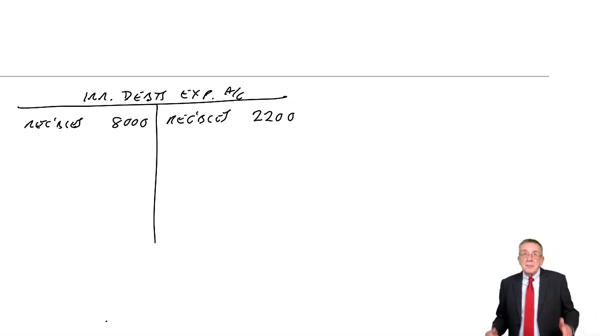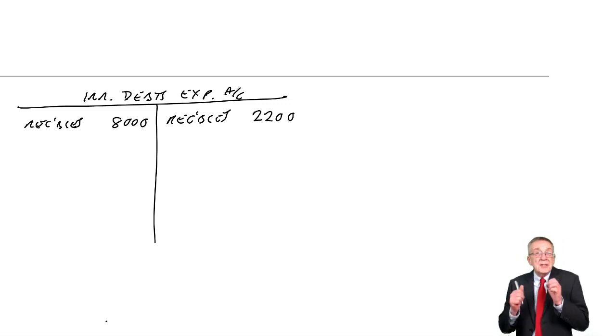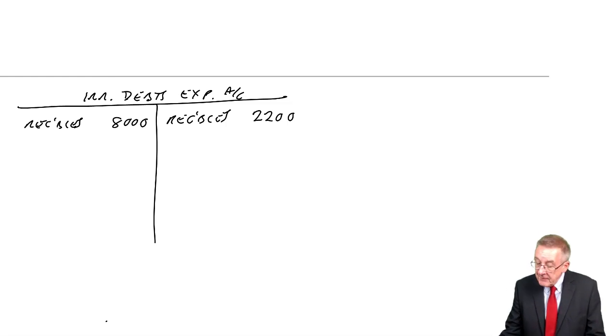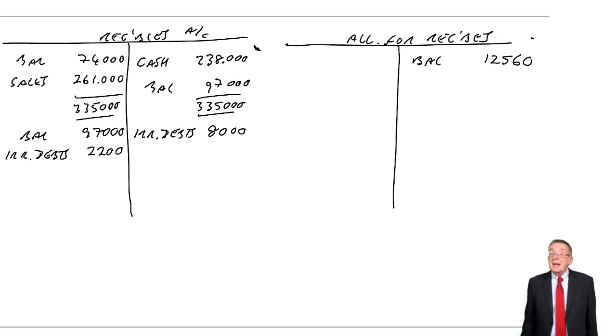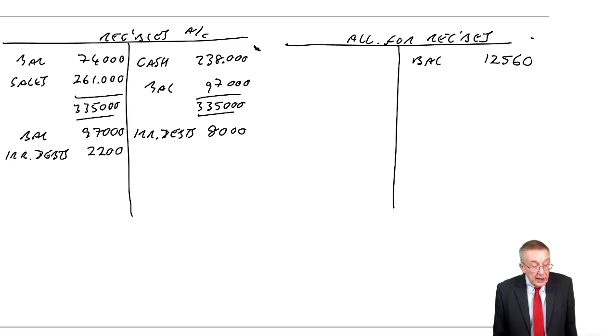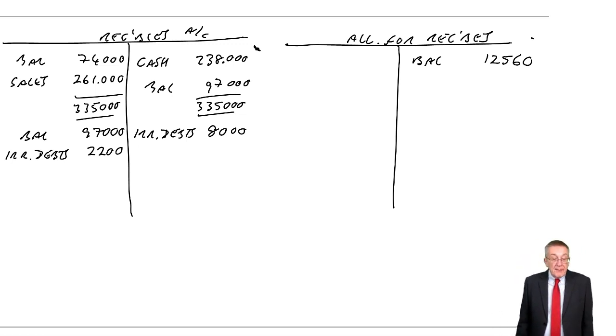But the safest, the quickest, the best way is for the moment to ignore allowance completely. We want to get receivables right. And if ever there's an irrecoverable, simply credit receivables to remove it, debit the expense.